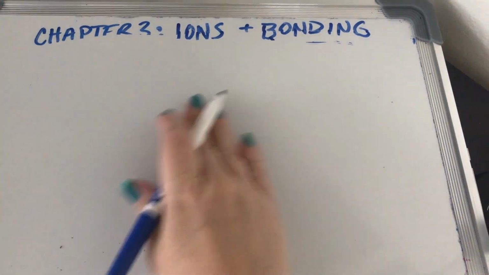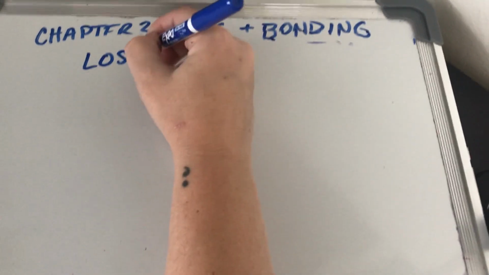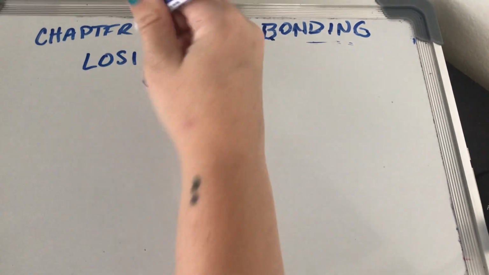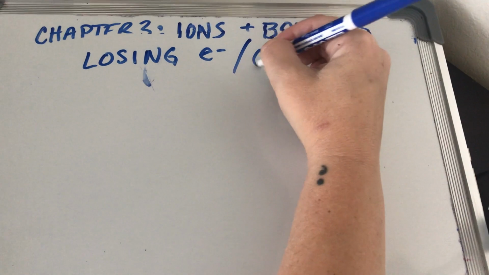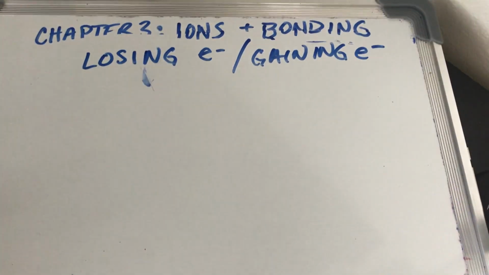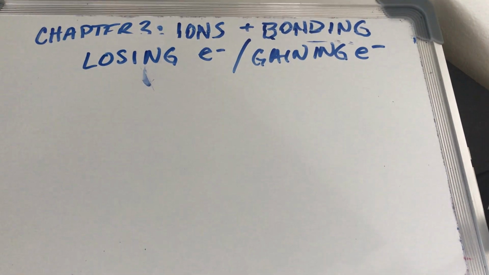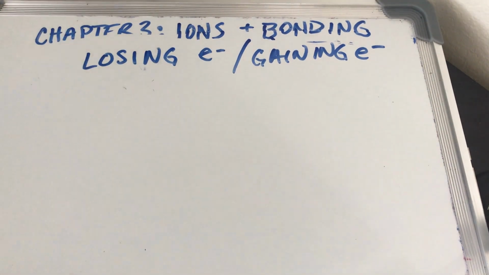So, next thing we want to talk about is losing electrons or gaining electrons, right? So if we're losing or gaining electrons, then we must be going from a neutral atom to an ion, exactly.